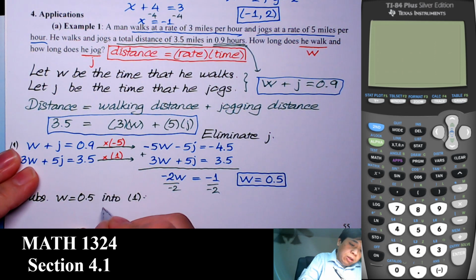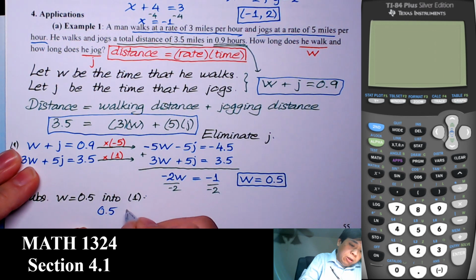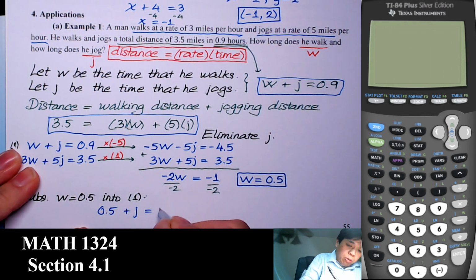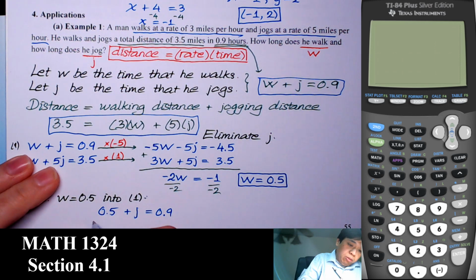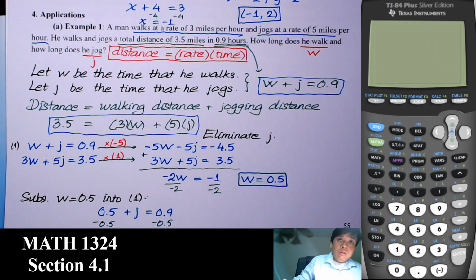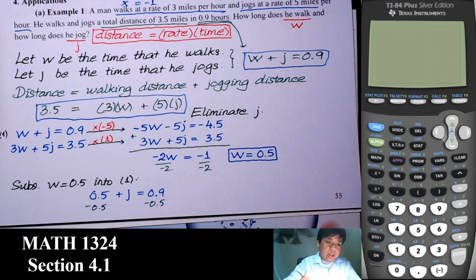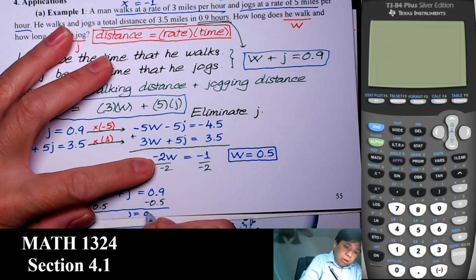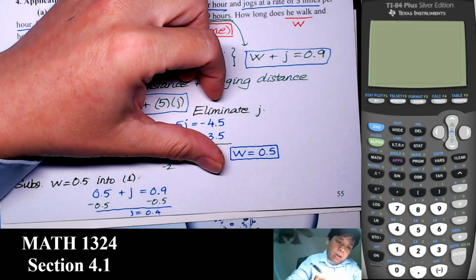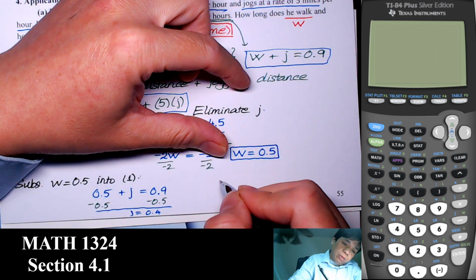So we have 0.5 plus J is 0.9, and we subtract 0.5 on both sides. That's why we have J equal to 0.4.